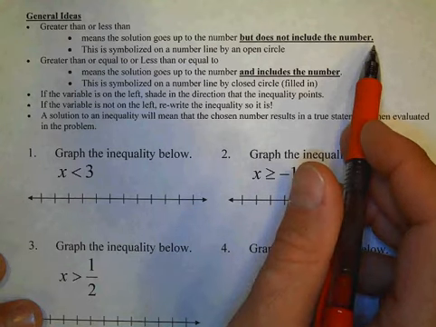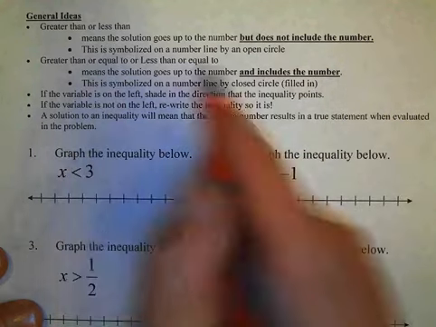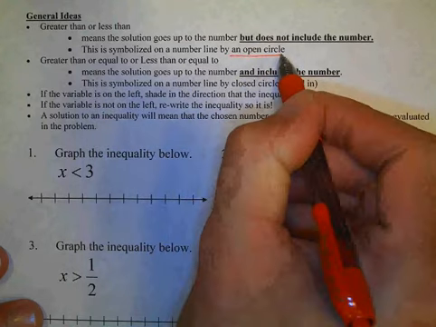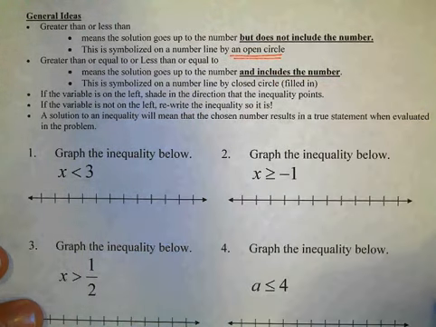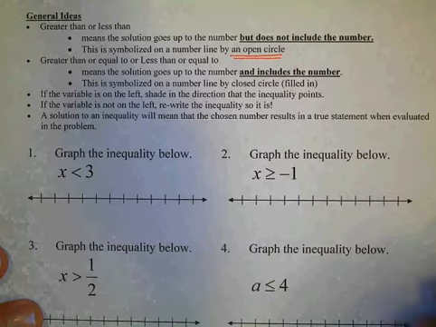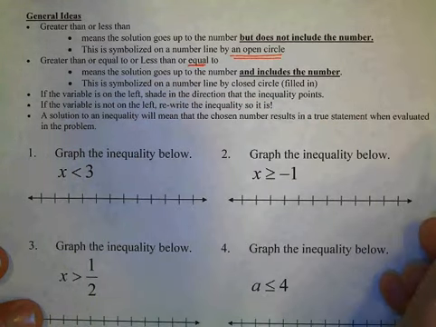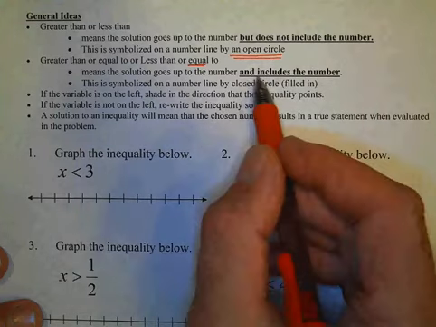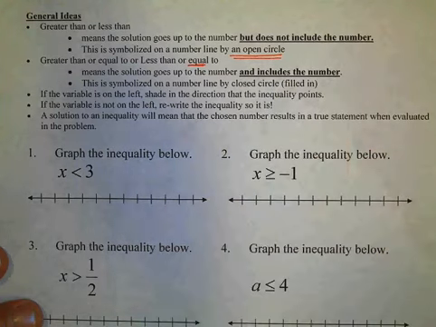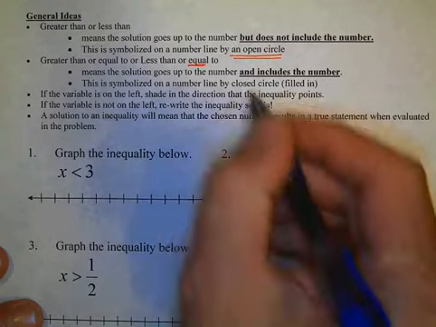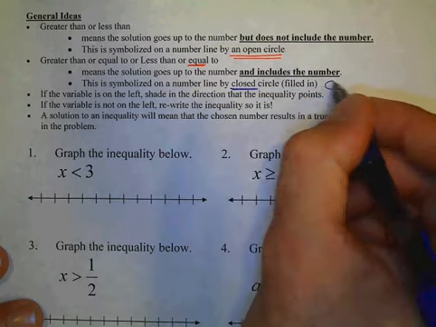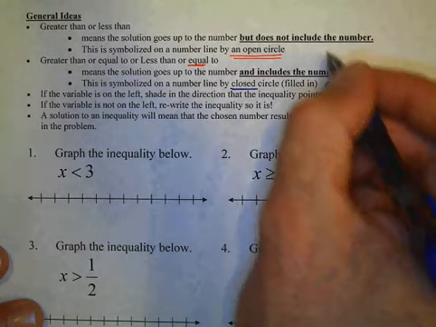So when we're symbolizing this on the number line, that's symbolized by an open circle. That's a key idea. Now, in comparison, when we have less than or equal to, that means everything going up to the number and including the number. That is signified by a closed circle, in other words, a circle that's filled in versus an open circle.